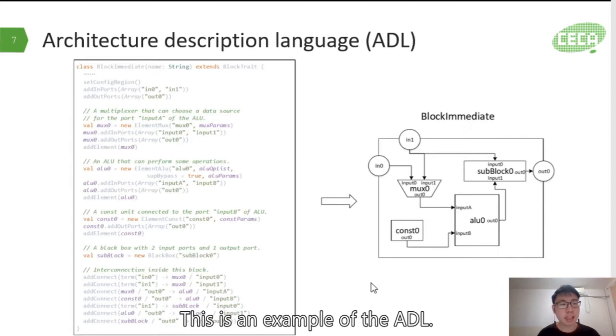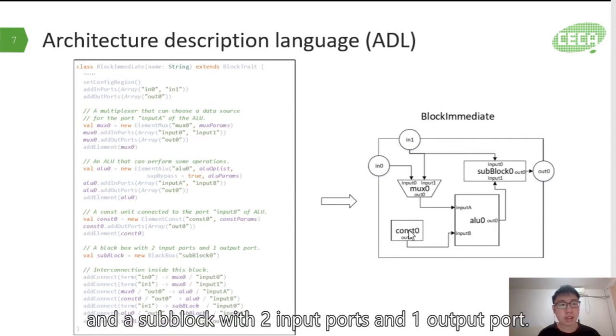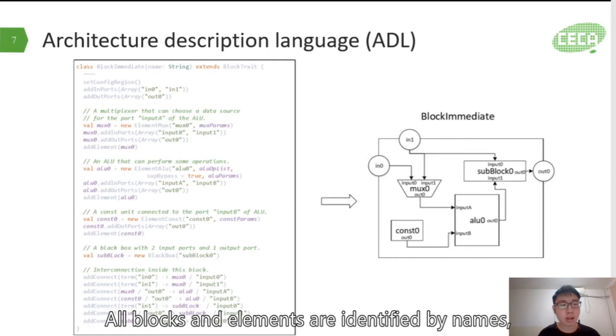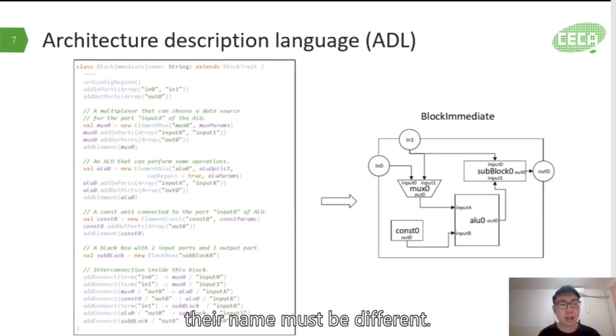This is an example of the ADL. A block contains a multiplexer, an ALU, a constant unit, and a sub-block with 2 input ports and 1 output port. All blocks and elements are identified by names, and if they share a common parent block, their names must be different.